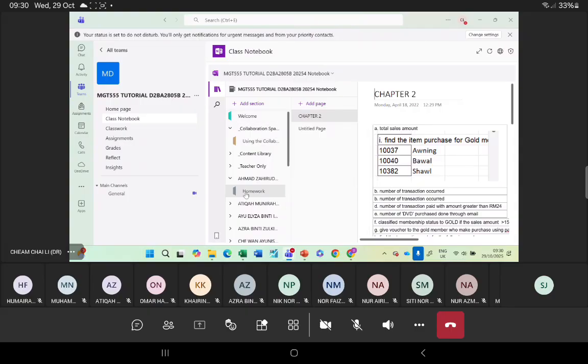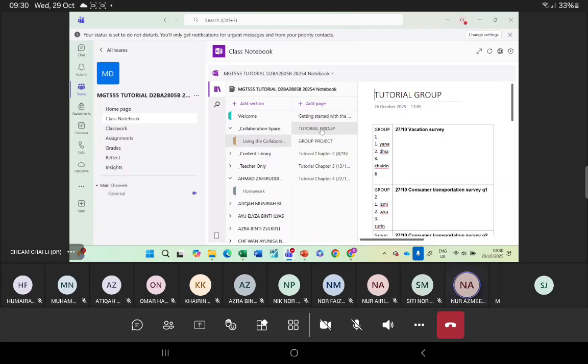So you buat and then letak dekat homework, and then you create a page name chapter 5, 1 sample. Is that clear, class? Ya, madam. Yes, madam.